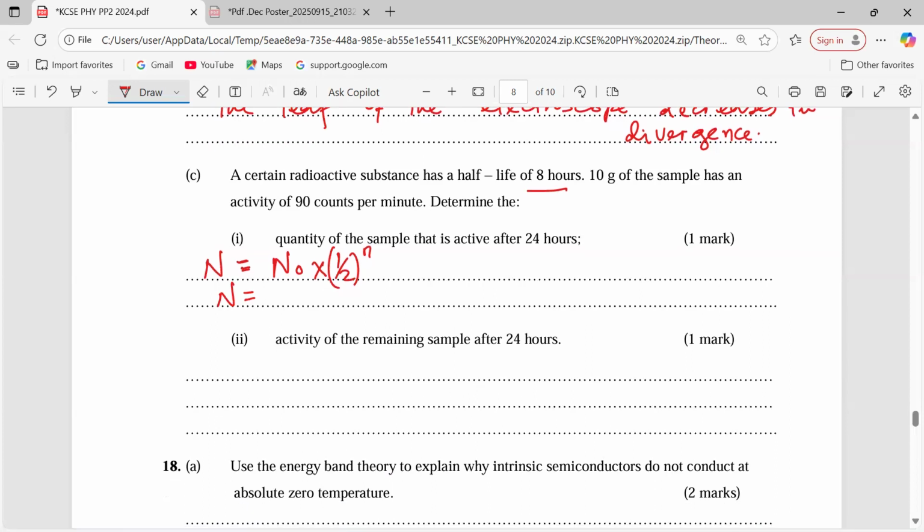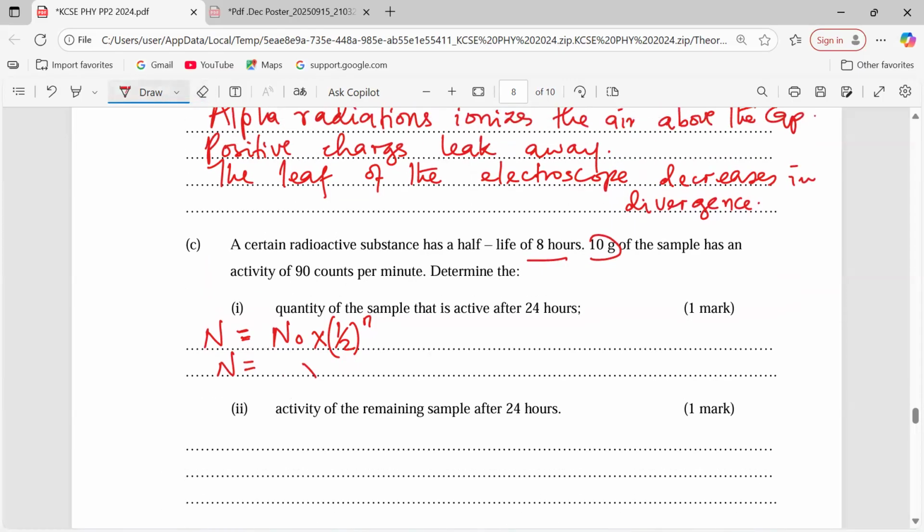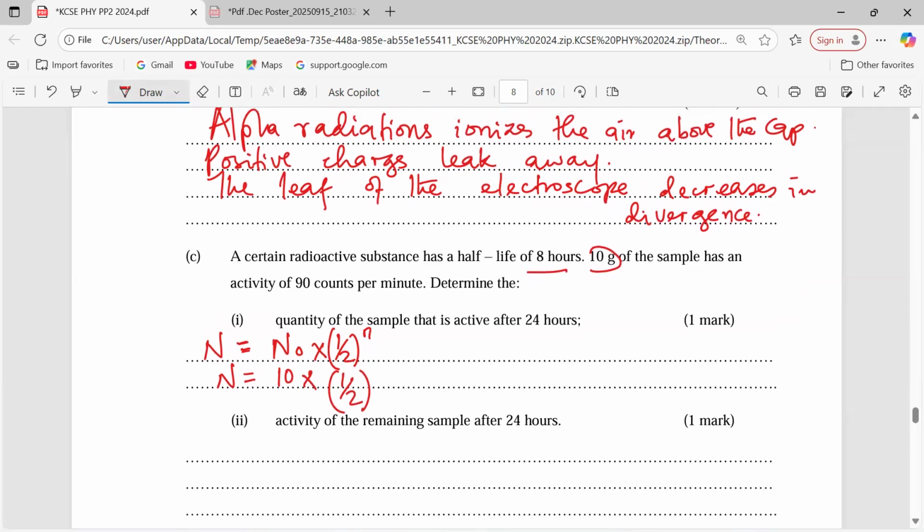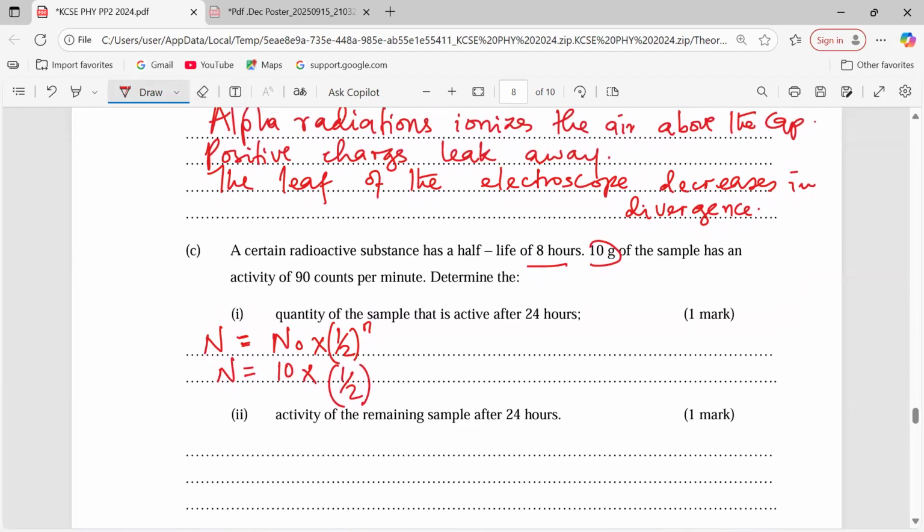Therefore, the remaining mass shall be 10 times half raised to n. If one half-life is 8 hours, how many half-lives are in 24 hours? 24 over 8, which is just 3. So 10 multiplied by 1 over 8. So 10 divided by 8 gives us 1.25 grams.